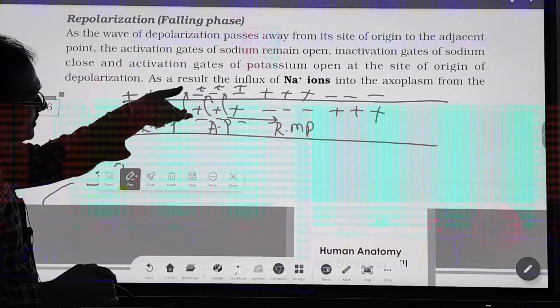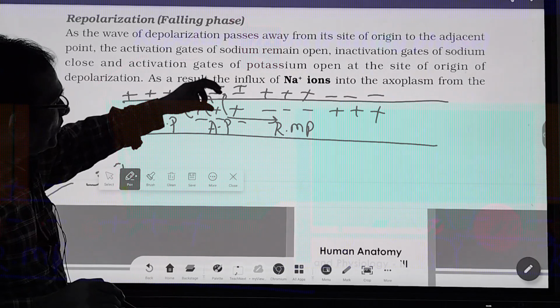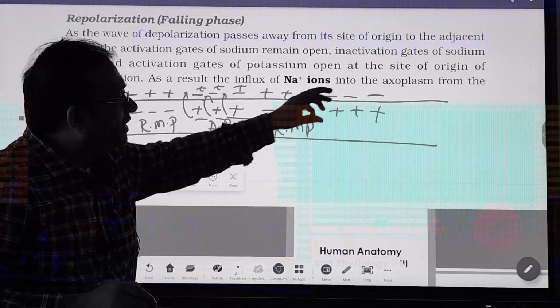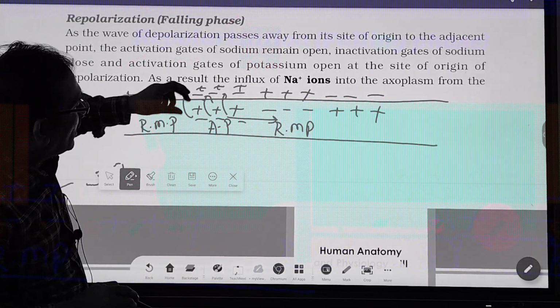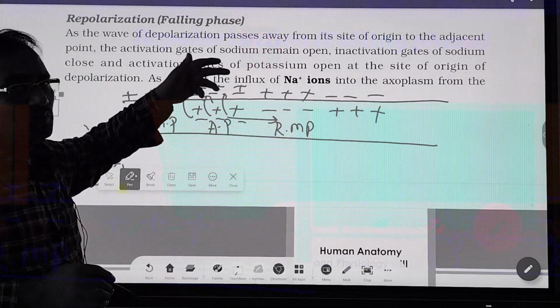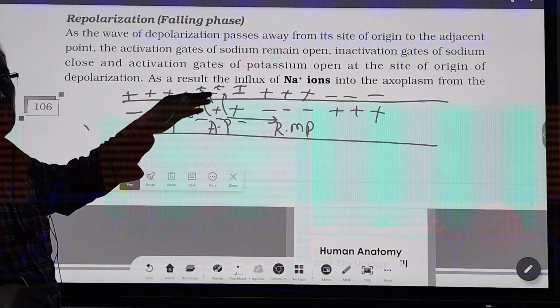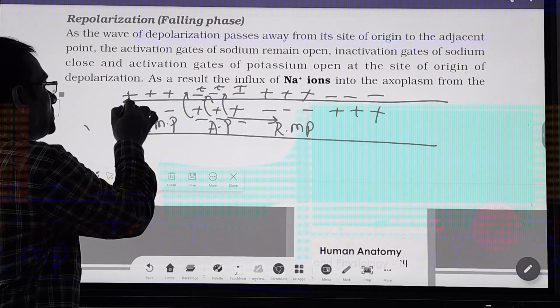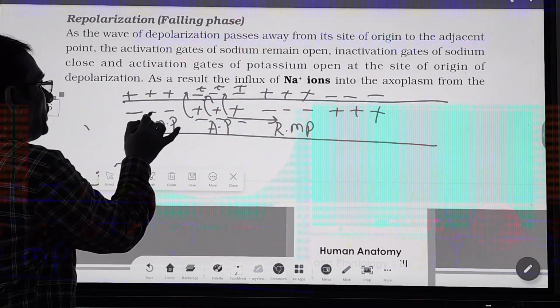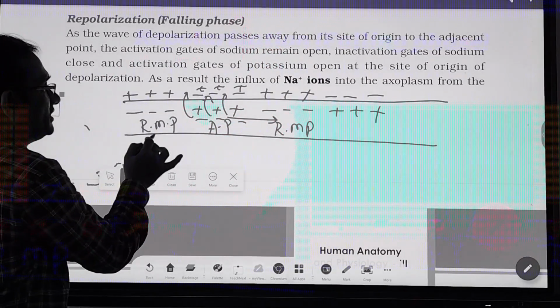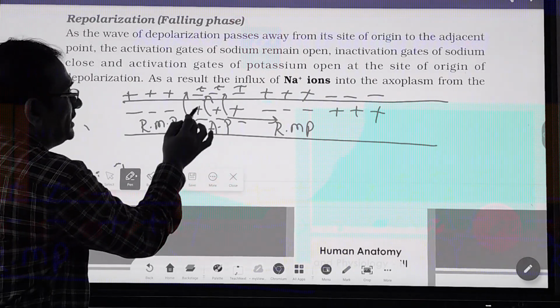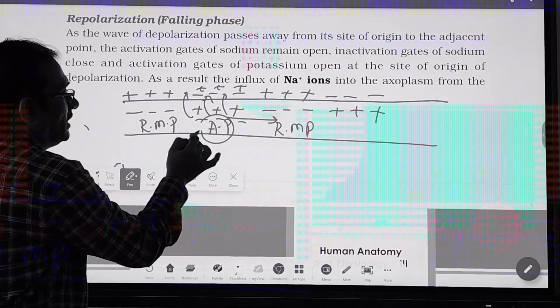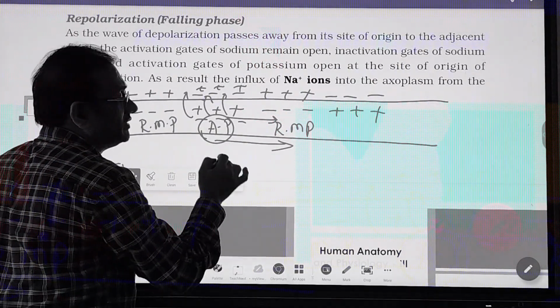It means once the dipole is created and moves in the further direction, immediately from the back side repolarization also takes place. Repole means ready to take another potential, that is called resting membrane potential created here. So positive, positive, positive, negative, negative, negative, this is the resting membrane potential. When it is outside negative, inside positive, that is called action potential. The action potential is moving in this direction.